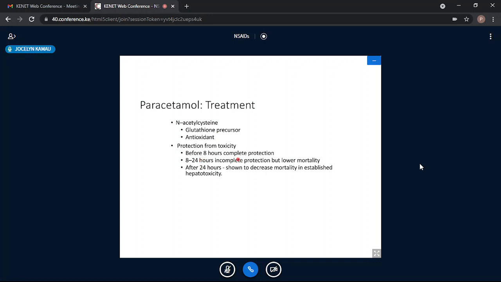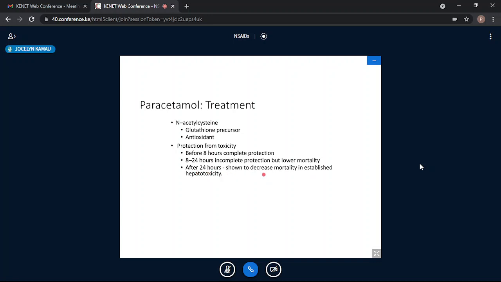If you give it to the patient before 8 hours are over from the time of ingestion of very high doses, it can give complete protection. Between 8 to 24 hours, it gives incomplete protection, but lower mortality.